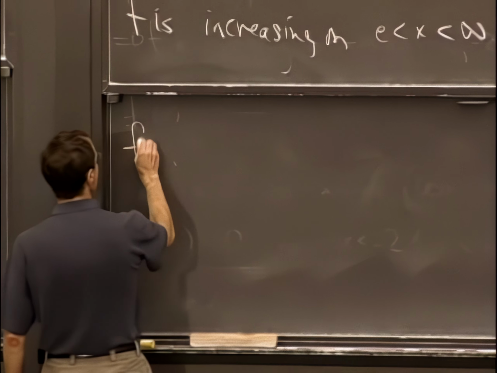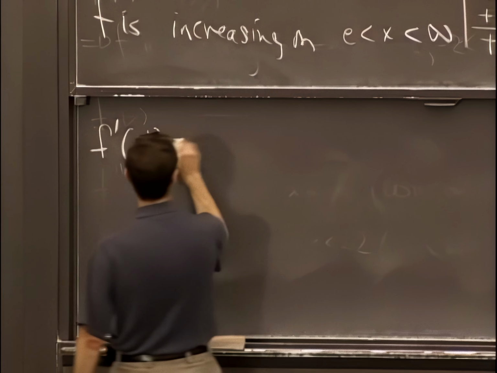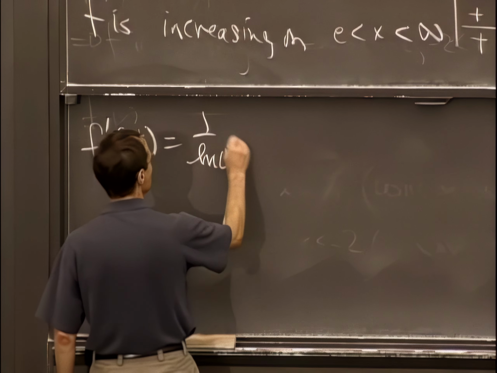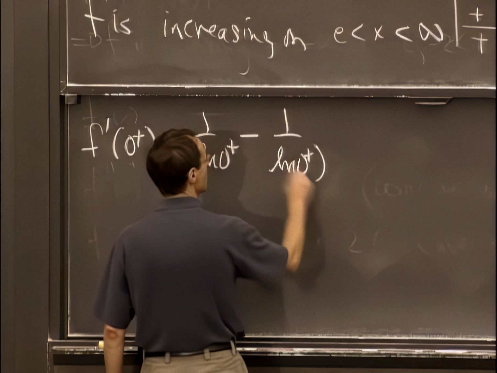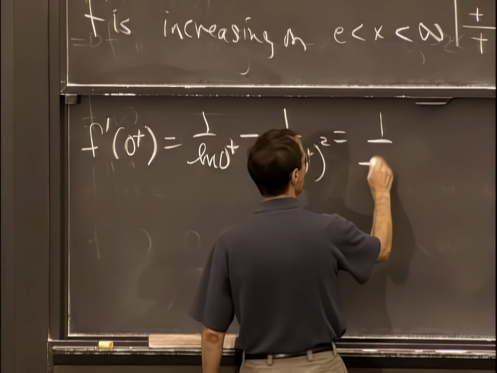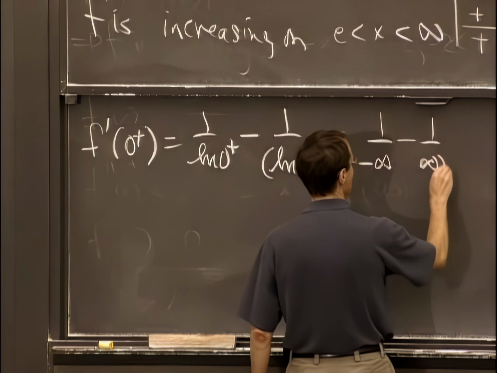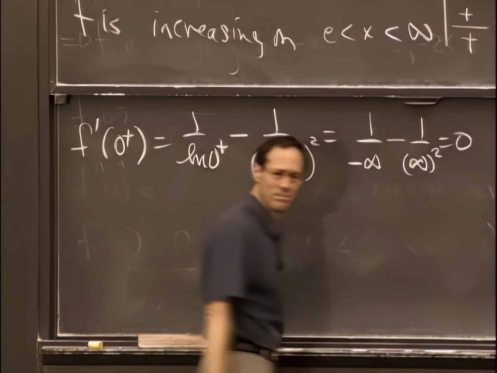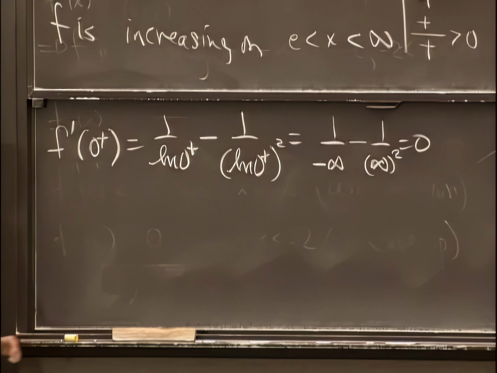If you evaluate using this other formula over here, this is 1 over log 0 plus minus 1 over log 0 plus squared. That's 1 over minus infinity minus 1 over infinity, if you like, squared. Anyway, it's 0. All right? So this is 0. The slope is 0 there.